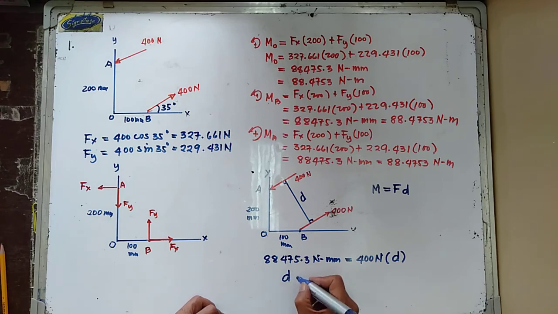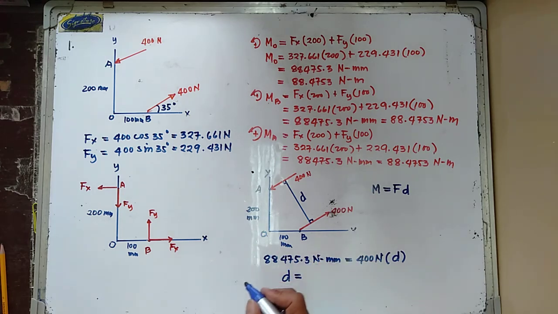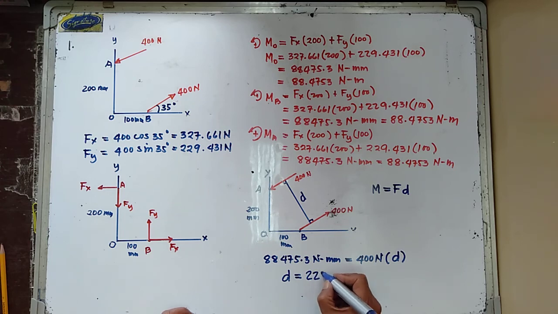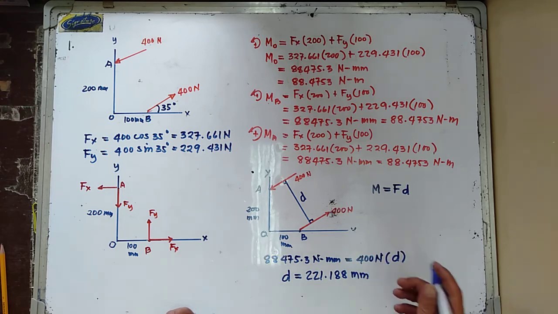Hence, the perpendicular distance between their lines of action is now equal to 221.188 millimeter.